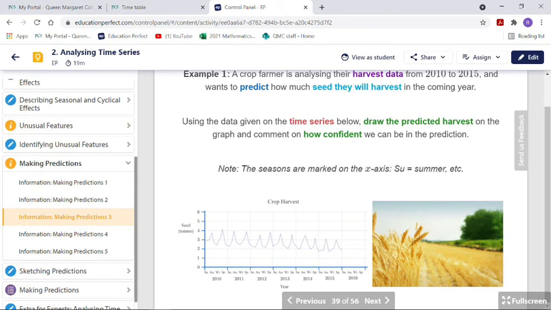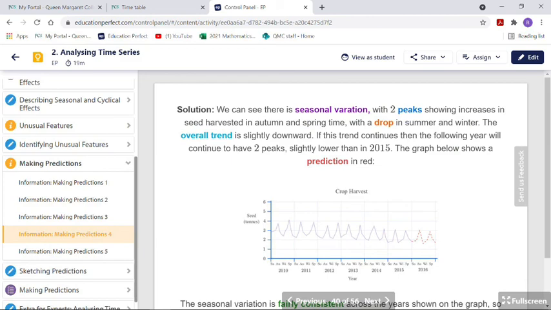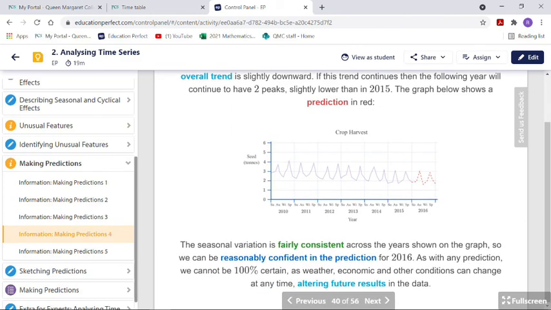But what do you notice is the overall trend for his harvests? It's going downward. Yeah, this one is decreasing, right? It's very slight, but it is decreasing. So his harvests are decreasing over the years, but not always at the same rate, okay? So we can continue and look at 2016 based on what's happening.